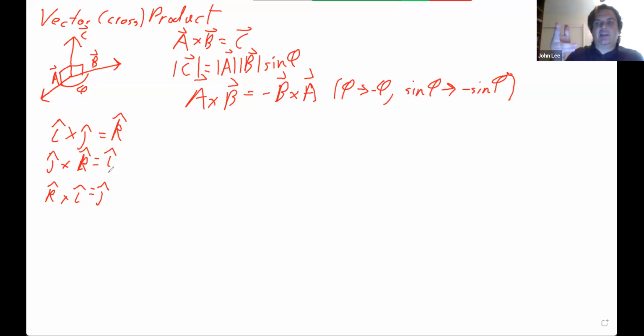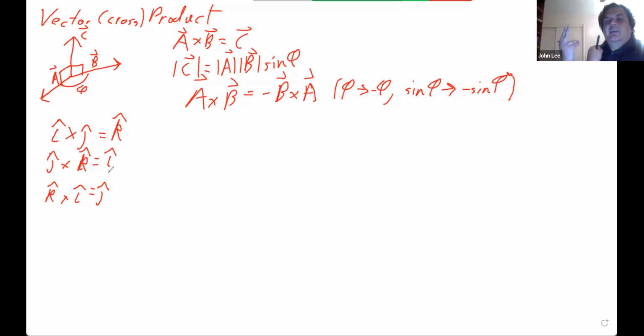So you use your right hand, and then you point in the x-axis. Y-axis is, in my case, going into the screen. Then the resultant vector will be going off in the z-axis. If you point in the y-axis for your A, and then point up in the z-axis for your B, then C will be pointing in the x-axis.